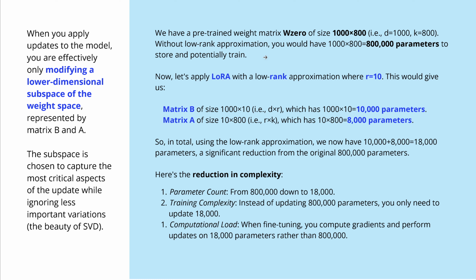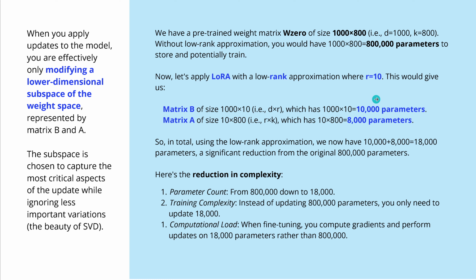Now, if we choose not to go with the full fine-tuning, but with the low-rank approximation in a parameter-efficient fine-tuning, we decide, hey, let's go with R equal 10. This is already high, Ben. So this would give us, as I showed you, the dimensionality of the matrix B and of the matrix A: B has 1000 times 10, and A has 10 times 800.